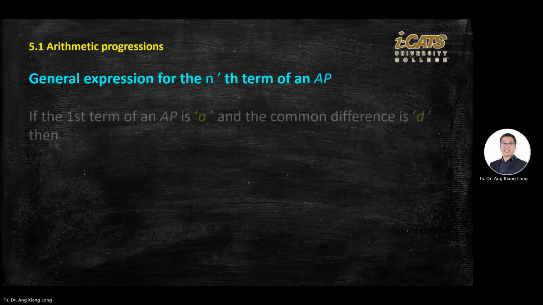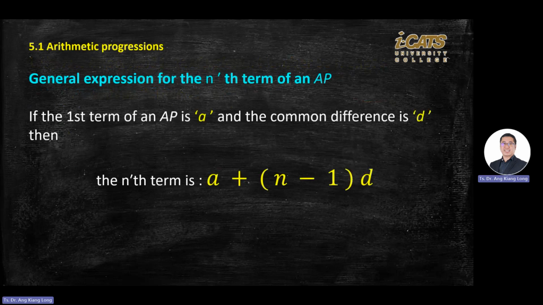So for the general expression, we use this equation to calculate the nth term. Meaning if you are given a few numbers in the series, you can predict what the number at the 100th position is, and so on.